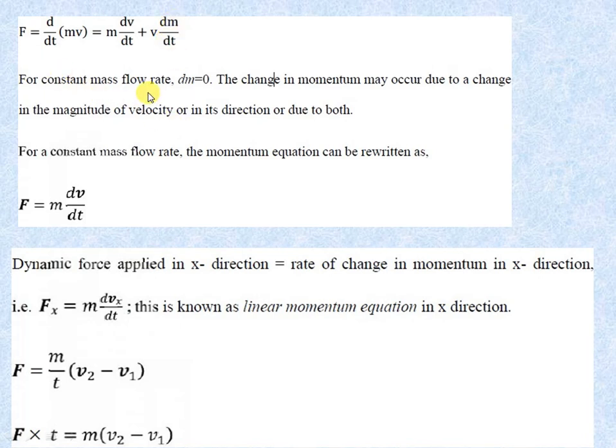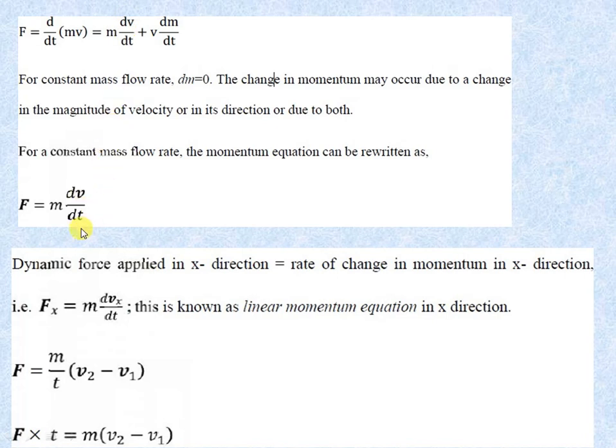For a constant mass flow rate dm is equal to 0, and the change in momentum may occur due to the change in the magnitude of velocity or in its direction, or both. So for a constant mass flow rate the momentum equation can be written as F is equal to m dv by dt.